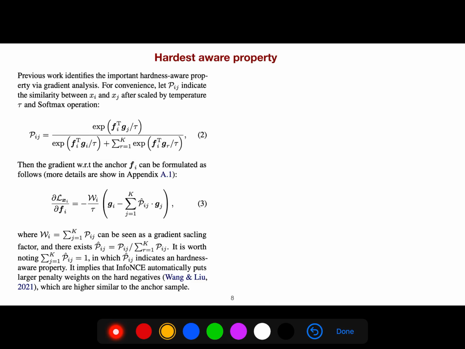So you take the gradient with respect to f_i, which is your anchor, and here this w is the sum of P_ij. It can be seen as a gradient scaling factor, and it is worth noting that the sum of the P_ij hat is equal to 1, and P_ij hat indicates a hardness-aware property.